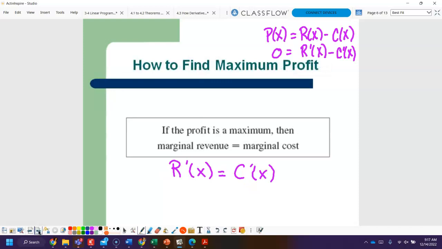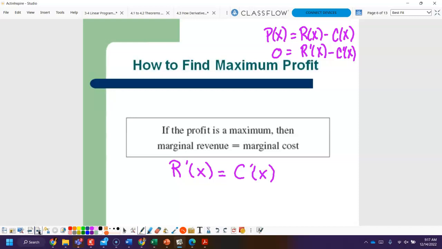If you want to maximize the profit, then you would want P of x equal to R of x minus C of x to be 0 on its derivative. So the derivative of profit would be P prime equals R prime of x minus C prime of x. How do you minimize or maximize something? You find where the derivative is 0.